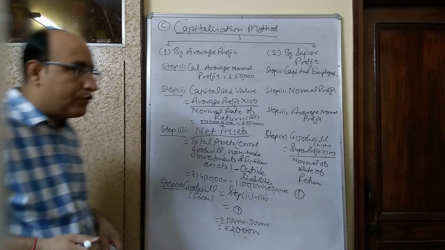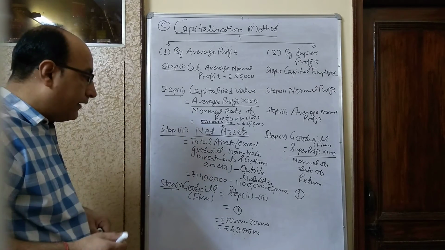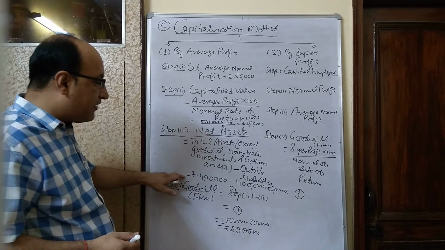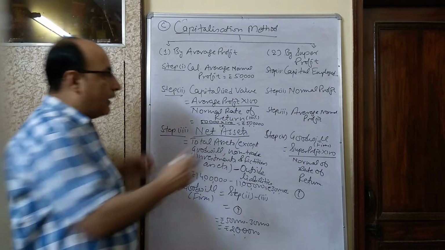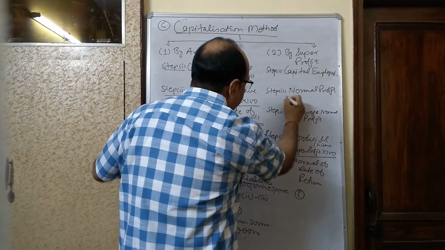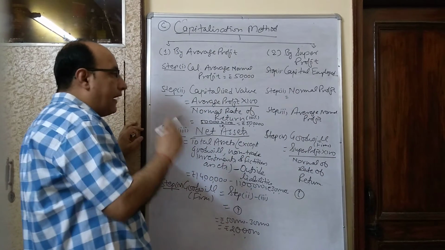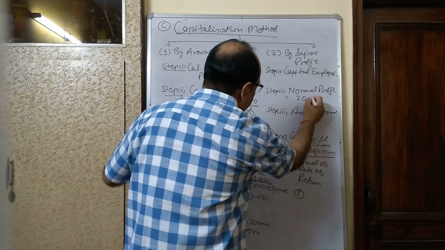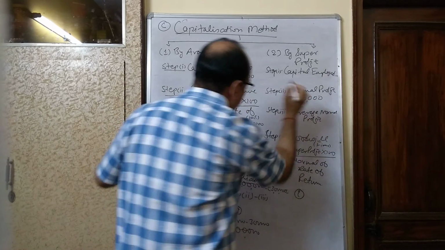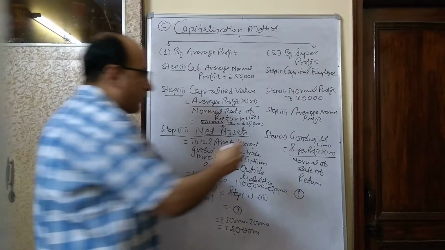Now again, if I continue with the same example, right? So net assets is basically what we are applying to the capital employed. So say for example, our normal profit in the question, if I assume that the normal profit I have taken is, say for example, 30,000 rupees, right?